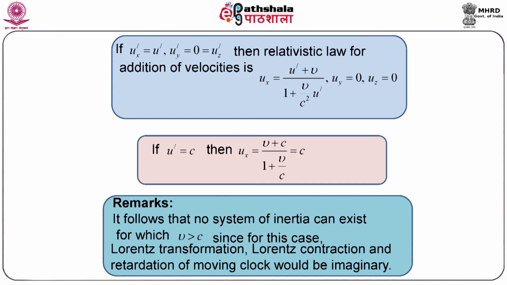If we consider that an object moves with a greater velocity compared to the velocity of light, then the Lorentz transformation formulae, Lorentz-Fitzgerald contraction and the time dilation will give imaginary results. So, one can remark that no system of inertia can exist for which v is greater than c.